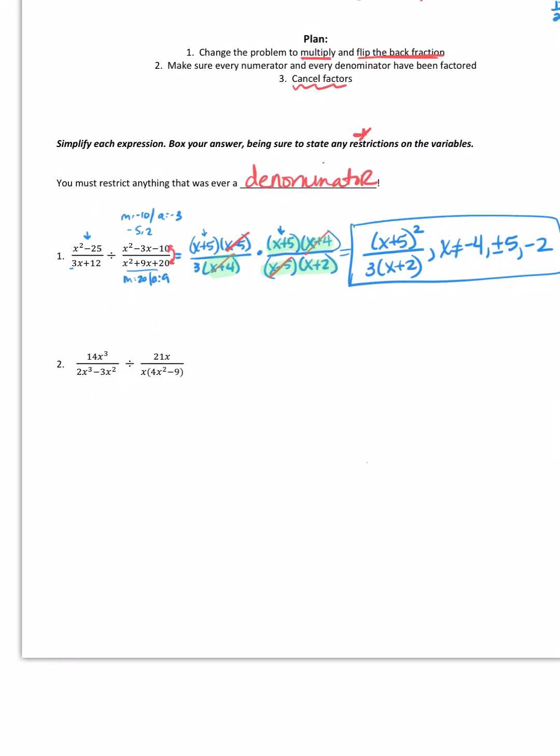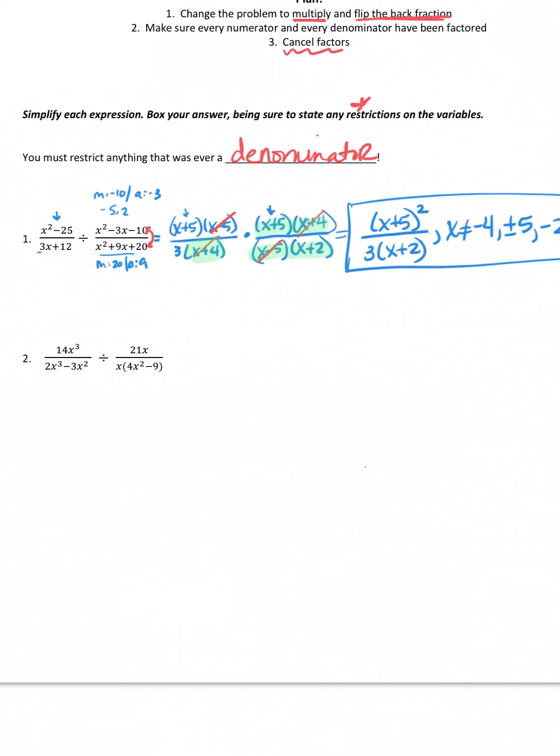Let's try another one. Let's do some factoring. So the first one, the 14x cubed, doesn't really reduce. The bottom, I can do a GCF of x squared. That leaves me with 2x minus 3 times this guy. Now remember, this is going to go on the bottom, or on the top.